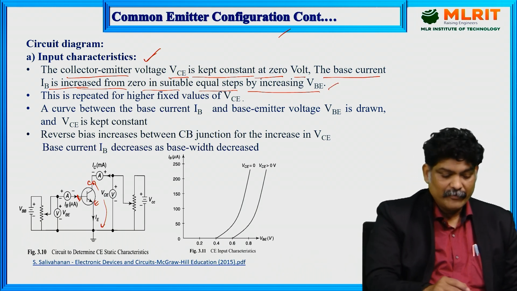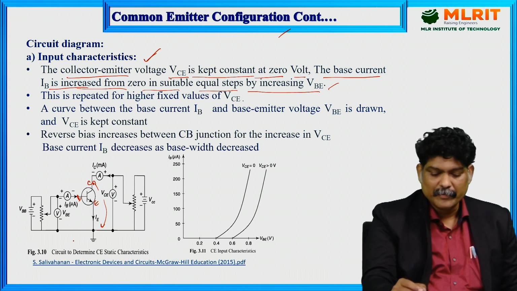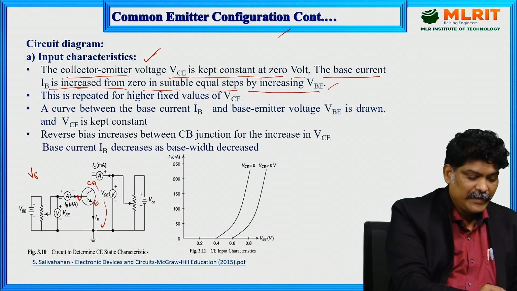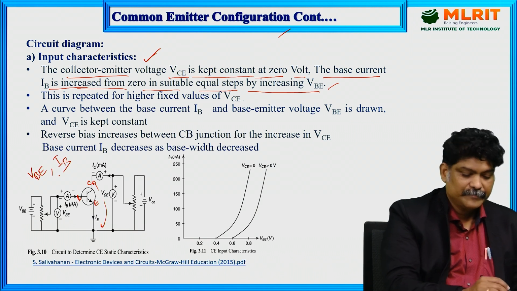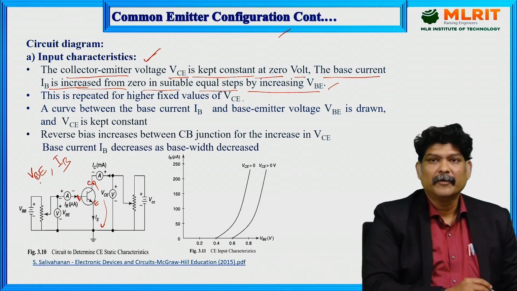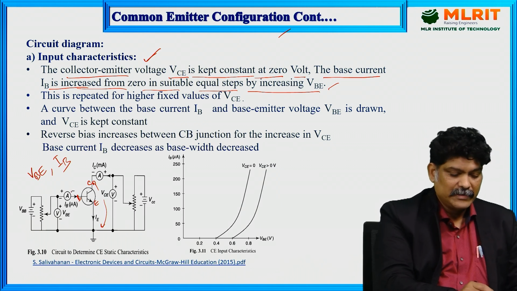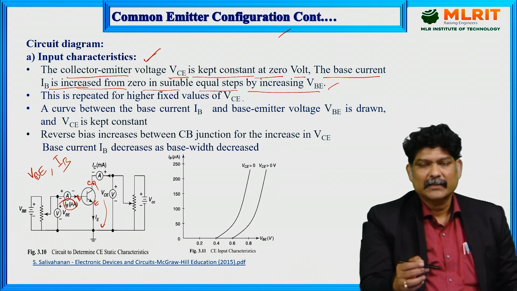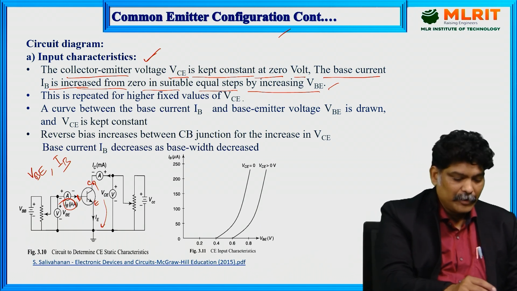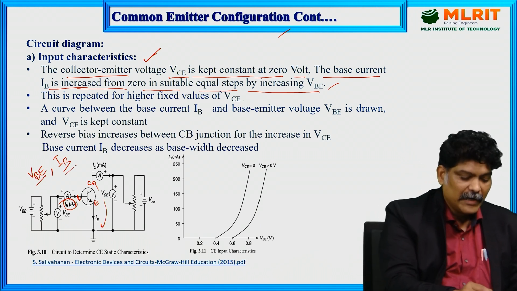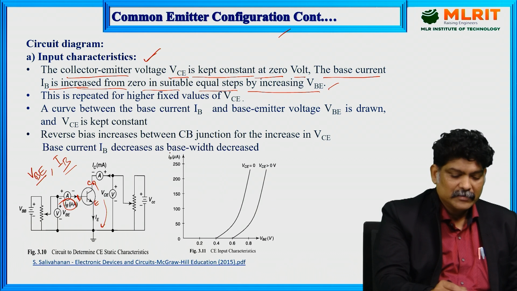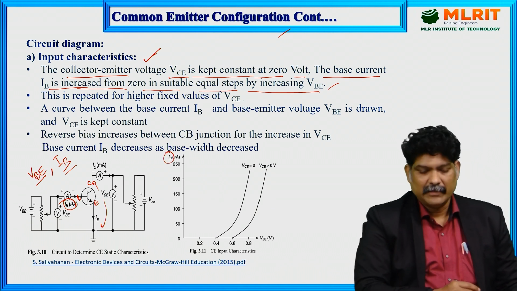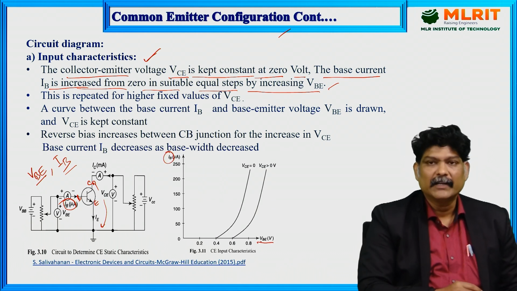The input parameters here are VBE and IB, that is, base to emitter voltage and base current. So the input characteristics is a graph drawn between VBE and IB. On the y-axis we take IB, and on the x-axis we take VBE.